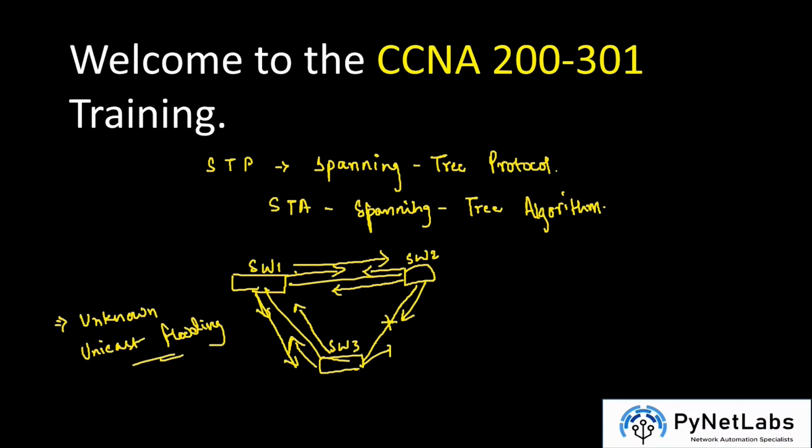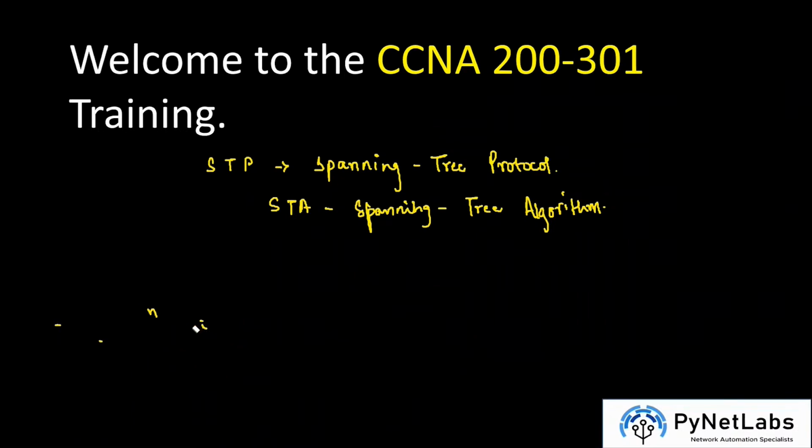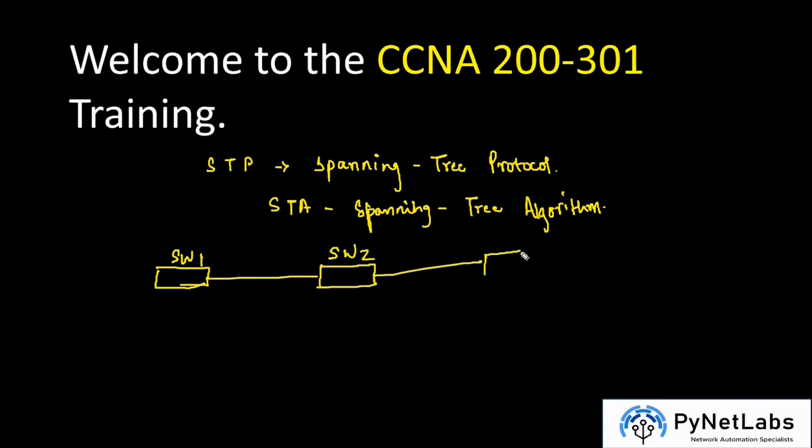You can only observe Spanning Tree Protocol in a redundant topology. So you will not find Spanning Tree Protocol in a topology like this. Let's say this is switch 1 and it is connected to switch 2. Now switch 2 is connected to switch 3.